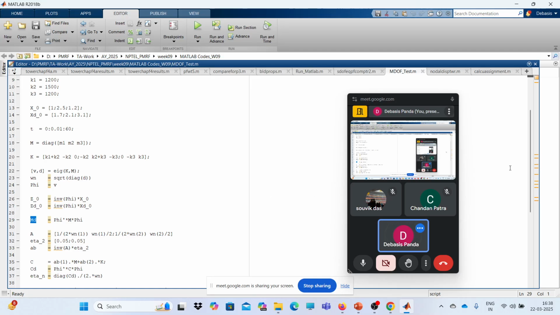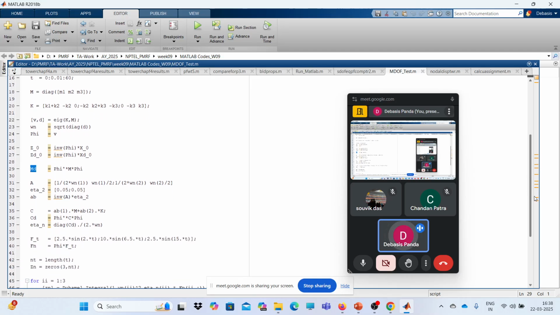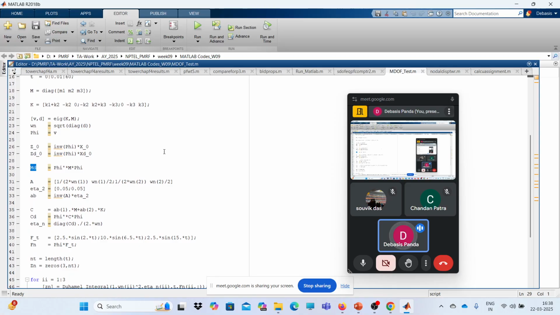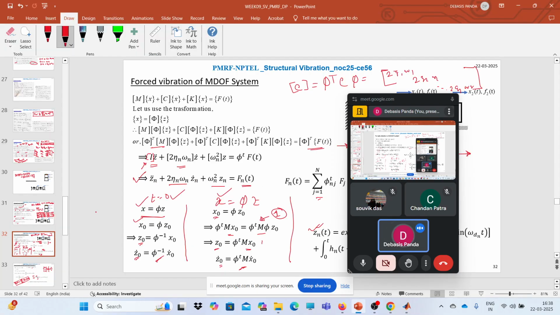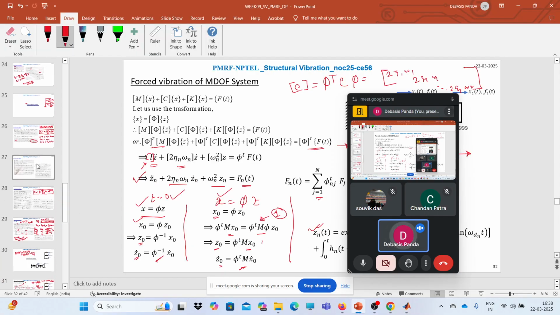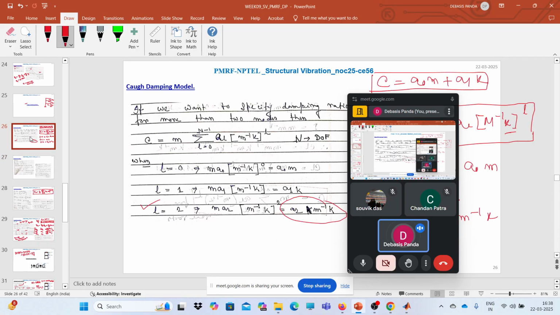Now to use that damping model, we need to define it in terms of alpha, A naught and A1. So recall this matrix of the classical damping. What was the format or the sequence of the matrix?